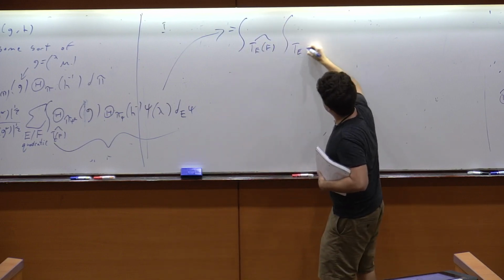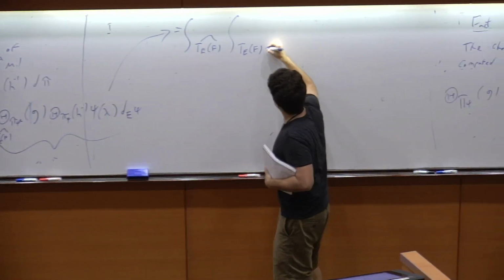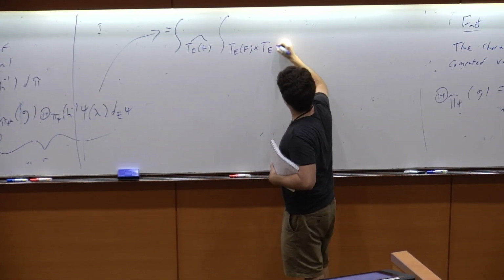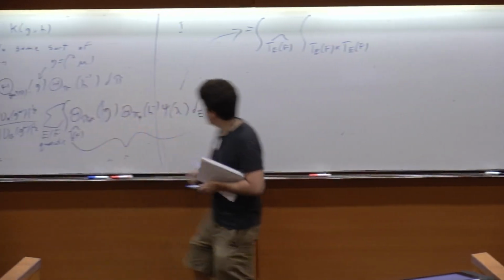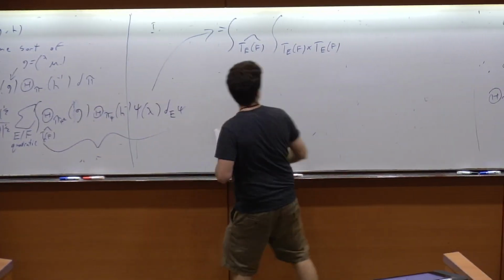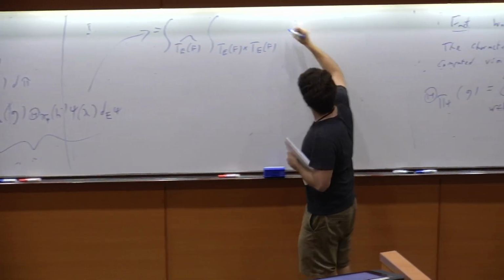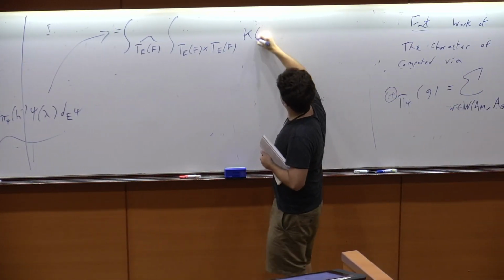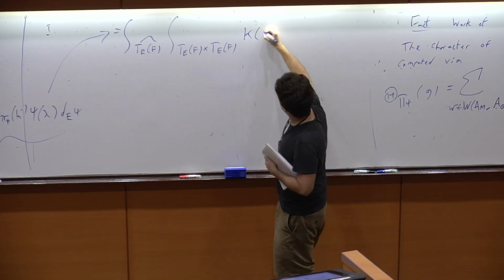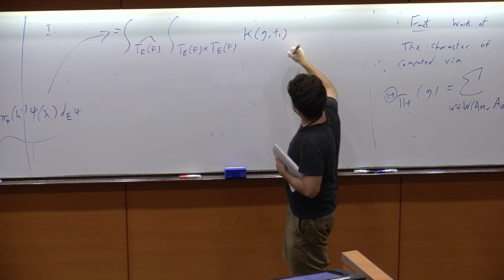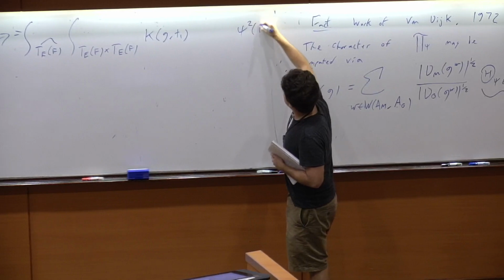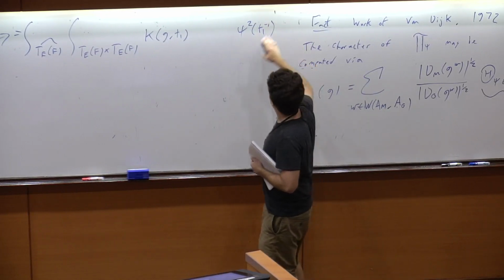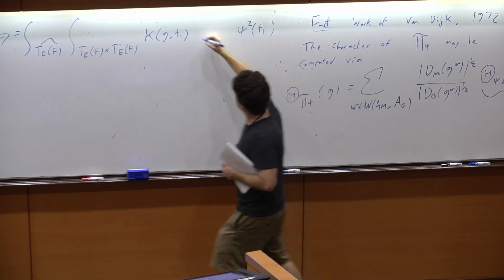well, let's take an integral over 2 copies of the torus itself, and I can replace this guy with the relevant kernel for GL2 of G times T1 times psi squared of T1 not inverse.